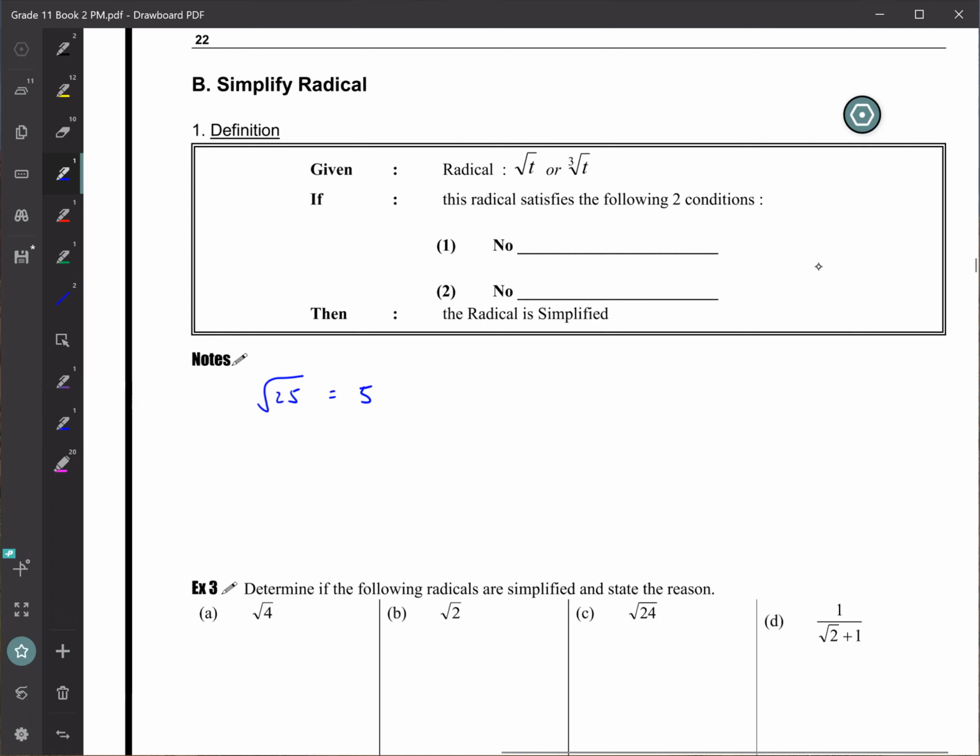So something like this, if there's a perfect square on the inside, then we can simplify, okay? So this one is not simplified. Okay, if I give you something like square root of 17, right? This one, there's no perfect square on the inside, so this one is simplified.